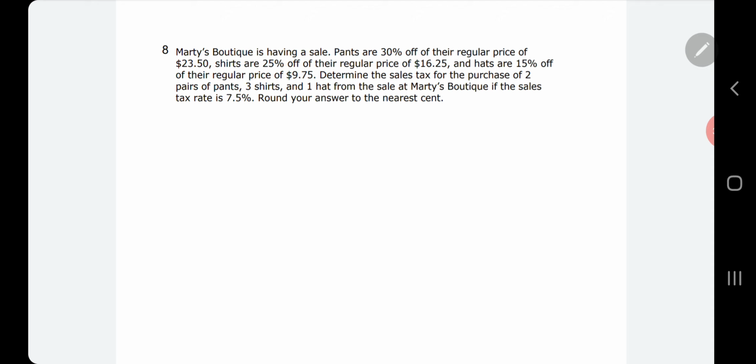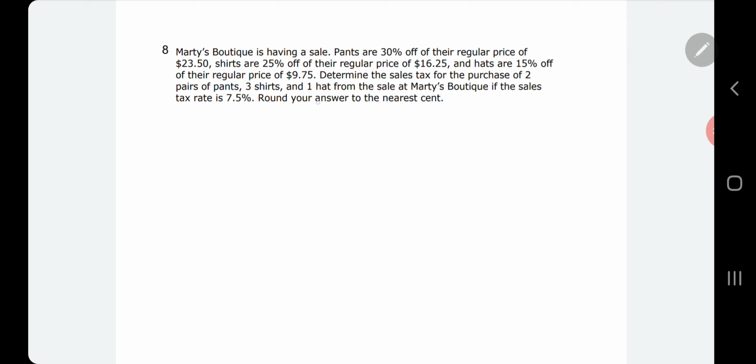Okay, guys. This problem's going to take some time because I'm going to need to find the price of pants at 30% off, then shirts at 25% off, then hats at 15% off, and find the subtotal of 2 pants, 3 shirts, and 1 hat, and then take that and multiply it to the tax rate of 7.5%.